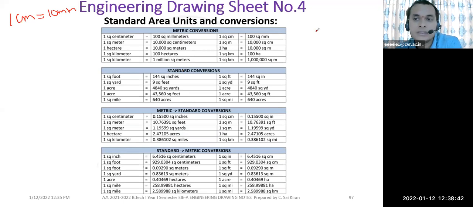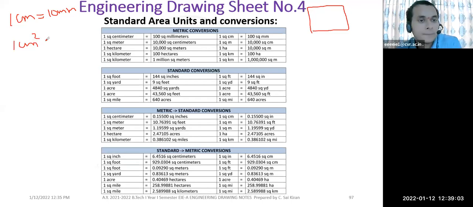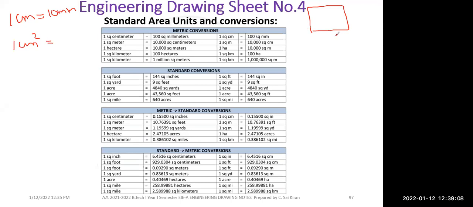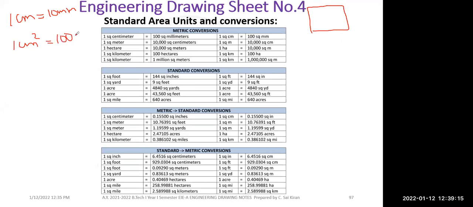So this side is 1 centimeter and this side is 1 centimeter. 1 centimeter into 1 centimeter we call 1 square centimeter, 1 cm square, because 1 into 1 is 1 and cm into cm becomes cm square. Here also we multiply 10 mm into 10 mm. 10 into 10 becomes 100, and mm into mm.